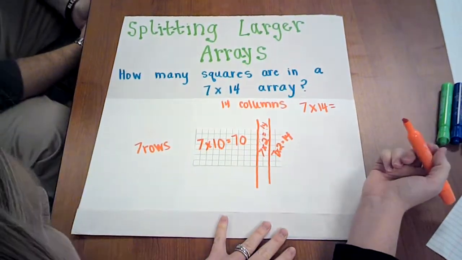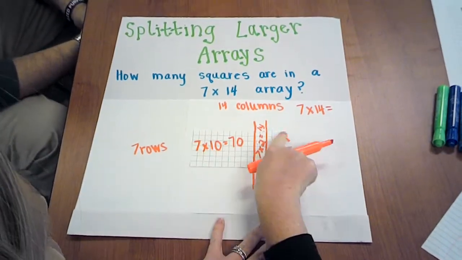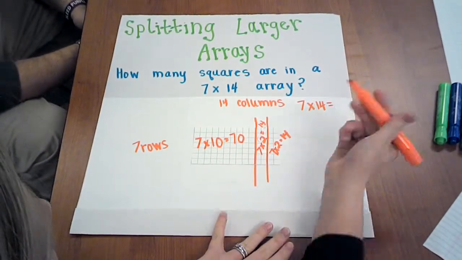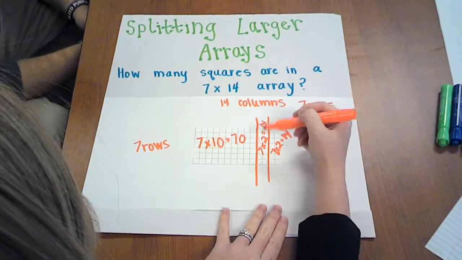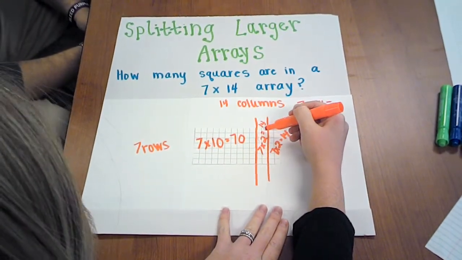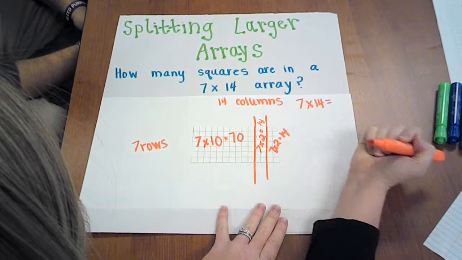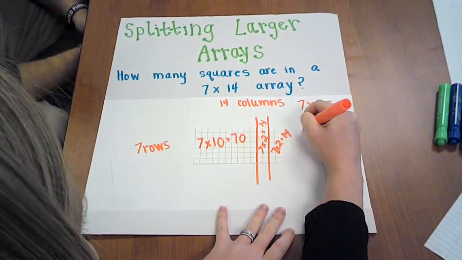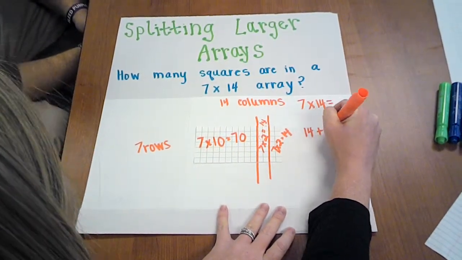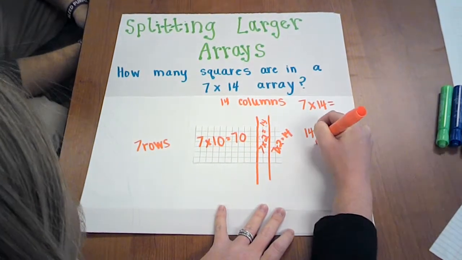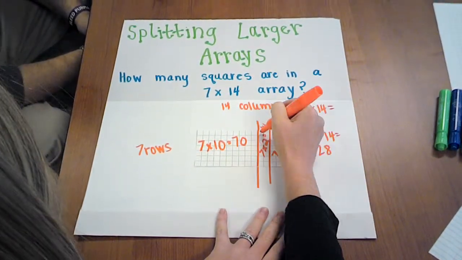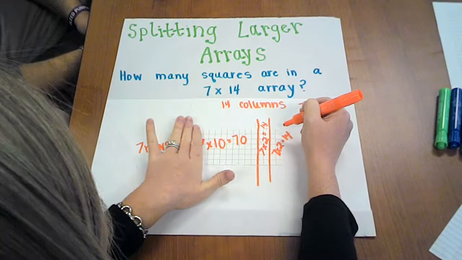So to find out how many squares I have in all 7 rows and 14 columns, I have to add my 70 plus my 14 squares from that smaller array and the 14 squares from that smaller array. So I know 14 plus 14 gives me 28. So there's 28 squares right here, but I still have to find out these squares here.